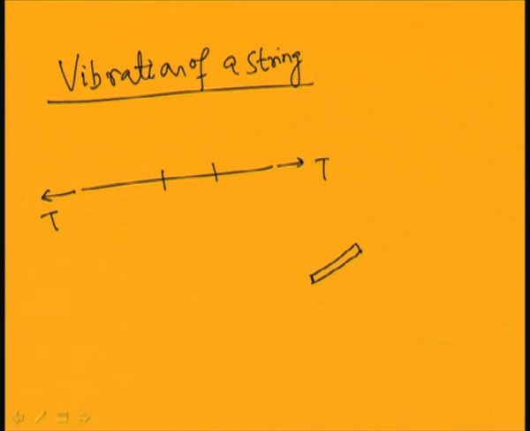As I am taking a small element, I can say the tension on both sides is the same. So, let the tension be T here and T here. The slope here is theta, so I can write the slope on the other side as theta plus del theta by del x into dx.